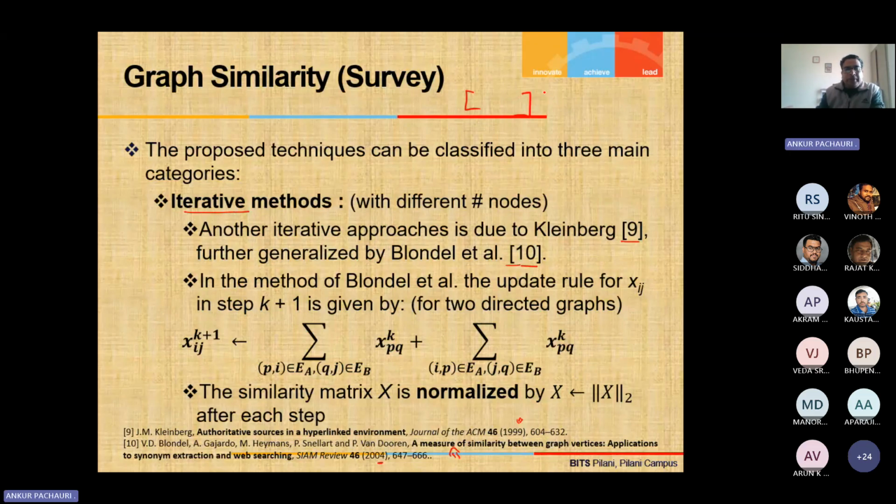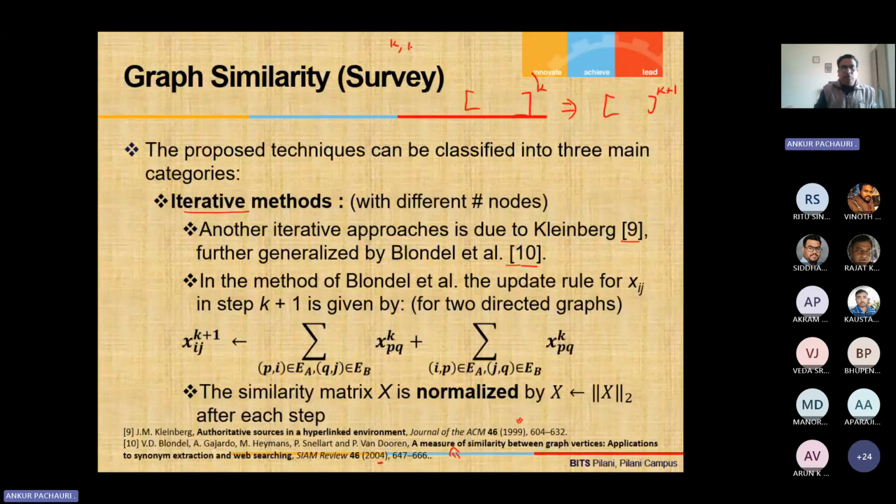So based on the matrix of order k, we compute the matrix, and from this matrix we find the similarity scores of each node at iteration k plus 1. Okay, so the update rule is this.